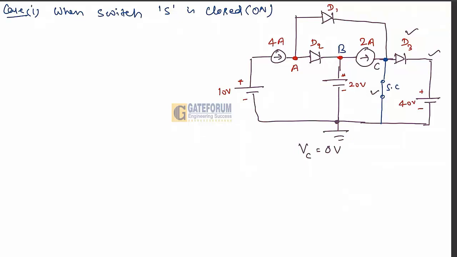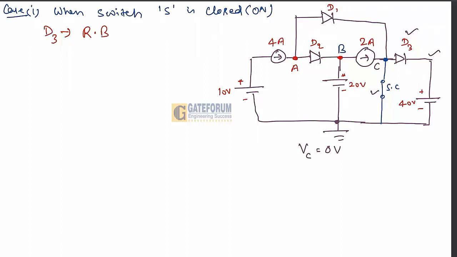So we can write that D3 is reverse biased, irrespective of D1 and D2. Now we need to think about D1 and D2.